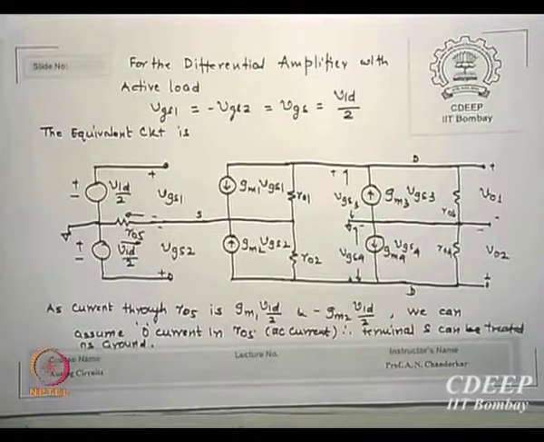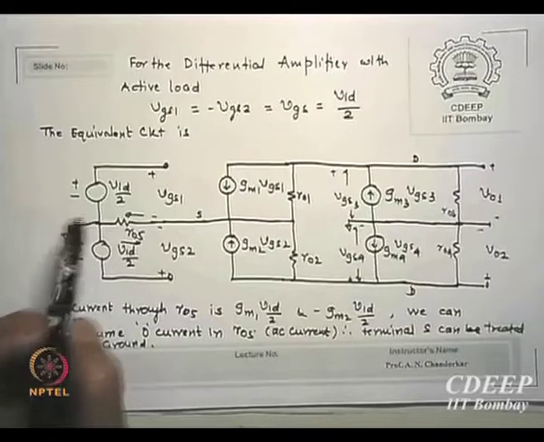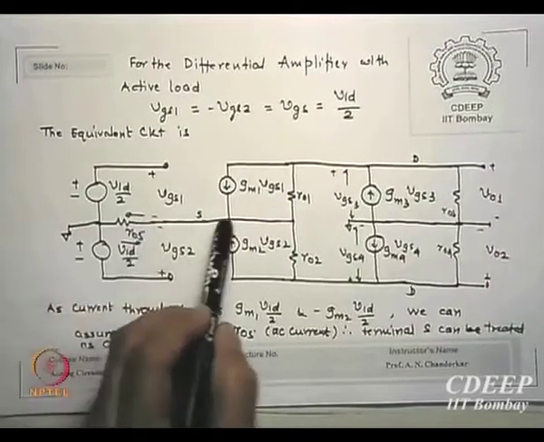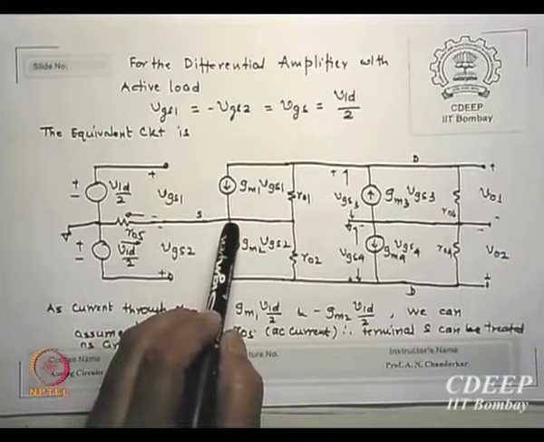If GMs are equal and VGS1 is minus VGS2, the current through RO5 is 0, and this fact I will use everywhere now. If this is grounded physically by us and no current flows through, what is the condition for the source? It is equally grounded. Please remember AC ground, and don't connect it to DC ground. This is an equivalent of an AC ground.